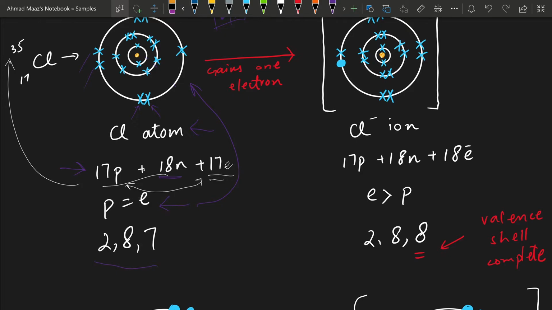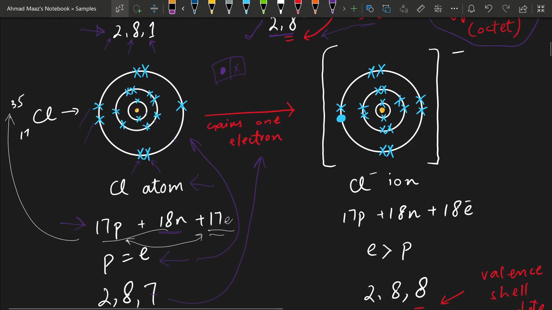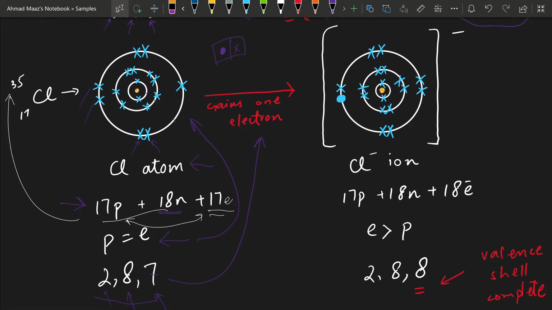Electronic configuration is 2, 8, 7. 2 in the first shell, 8 in the second shell, 7 in the third shell. It needs one more electron to complete its valence shell, to complete its octet. Now, how will it do it? Let's see. It will gain one more electron to become chlorine negative ion. Look at what happened over here.